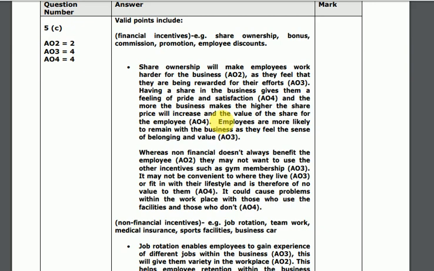And then problems with non-financial methods, the mark scheme mentioned, they may not want to use the other incentives such as gym membership, so perks may not be relevant to the employees. It may not be convenient where they live, or it may not fit into their lifestyle, and it could cause problems within the workplace between those who use facilities and those who don't. So it's just explaining the non-effectiveness of non-financial methods of motivation.